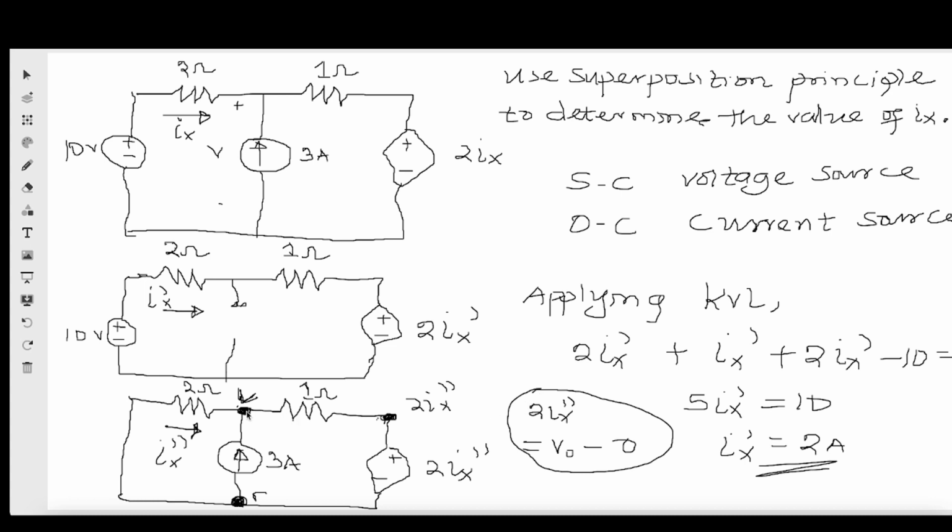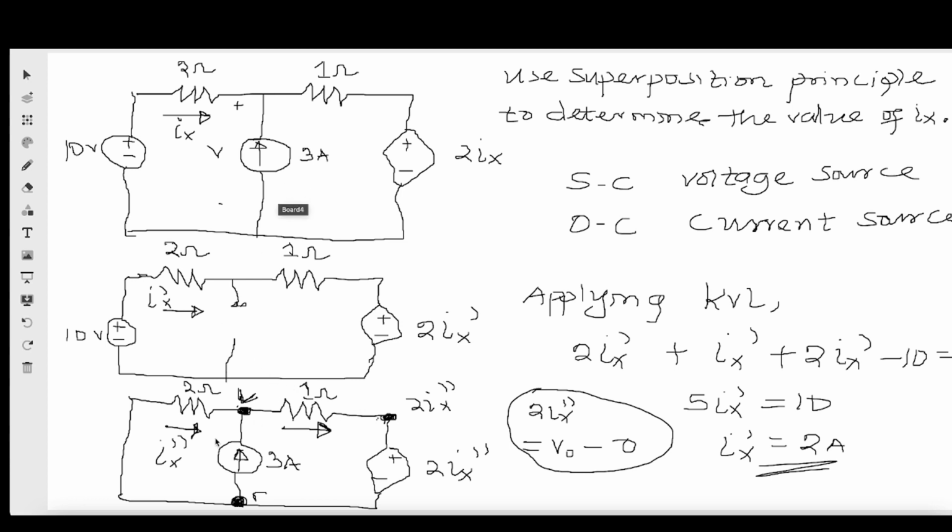So let's now apply KCL to this node. Remember I said that we will assume all currents to be going out unless otherwise stated. So this is going in, right? Because it has already been stated, 3 ampere is going in, but this is going out.